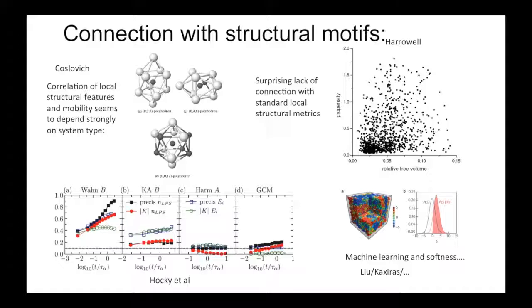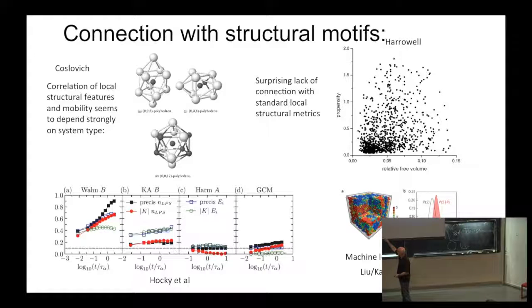So if I ask, for instance, in this particular model, I look for the regions, let's say coarse-grained over a few particles, where I have the highest density of interpenetrating clusters of a particular icosahedral order. What is the likelihood that that region is a slow region? You find there's a very strong correlation. In other systems, there's almost no correlation with these measures, but maybe there's some other structural feature that it correlates with.